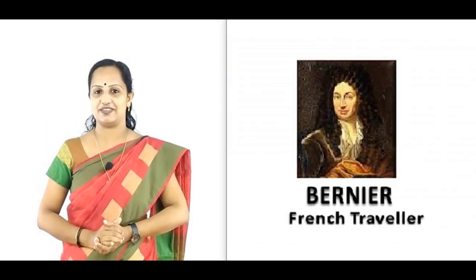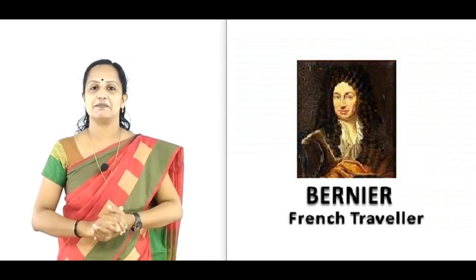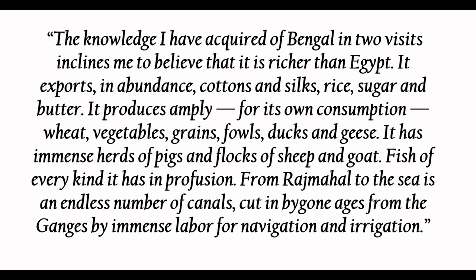Let us take a few moments to remember the beautiful words of the French traveler Bernier as he described 17th century Bengal. "The knowledge I have acquired of Bengal in 2 visits inclines me to believe that it is richer than Egypt. It exports in abundance cottons and silks, rice, sugar, and butter.